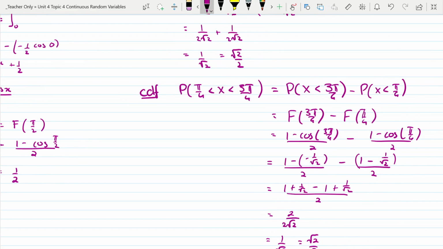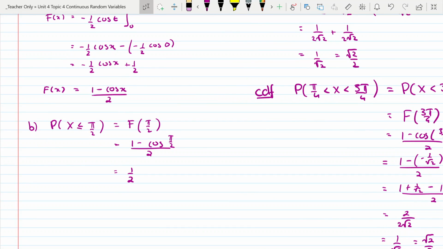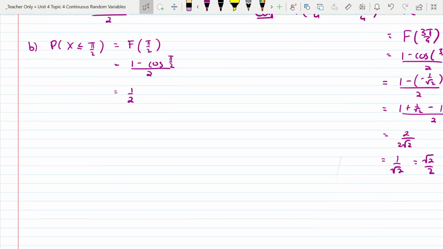Your choice which one you're wanting to use, unless they're specifying the method to use.